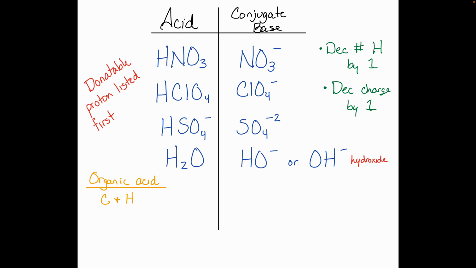All right, so an example of an organic acid would be something like CH3COOH. And now we have multiple groups of hydrogens in our formula, so the question is, which one are we going to take away in order to make our conjugate base? That donatable proton is always listed either first in your formula or last. You'll never touch the ones in the very middle of the chemical formula.